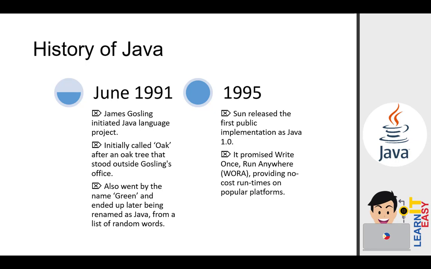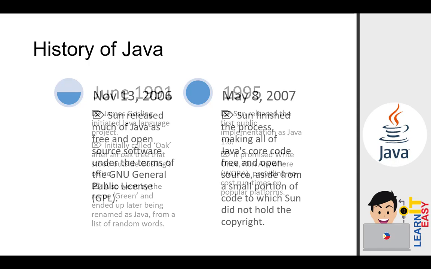In 1995, Sun released the first public implementation of Java as Java 1.0. It promised write once, run anywhere, or WORA, providing no-cost runtimes on popular platforms.